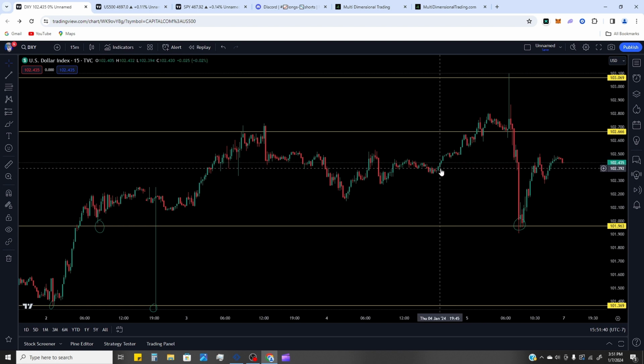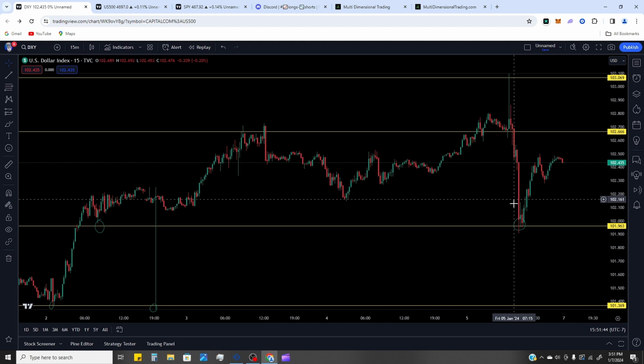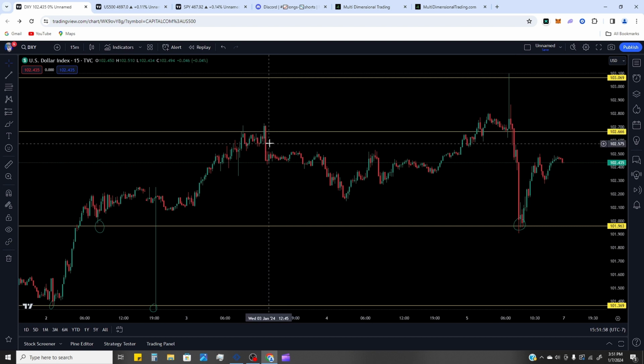The way we look at the number signals is if the price is coming down towards the number, we're looking to take long positions. If the price is running up towards the number signal, we're looking to take short positions. It is that simple when we use the number signals.